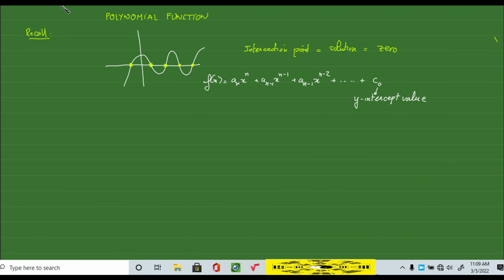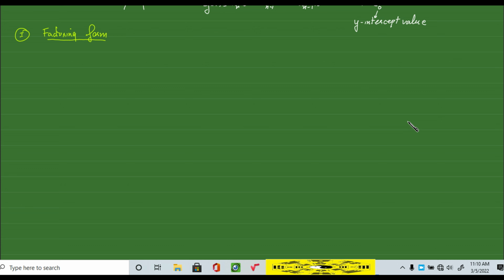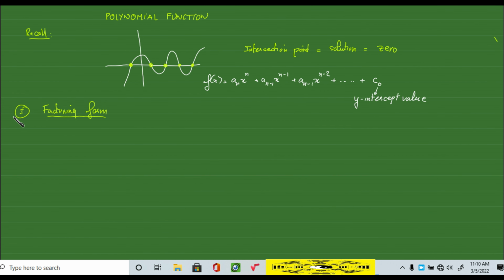Polynomial function also has another form. Okay, there's another form we call a factoring form. Factoring form of polynomial function. Okay, so what is factoring form? All right. The factoring form will be something like this. Of course, everything must be in product form, right? Because factoring means product.